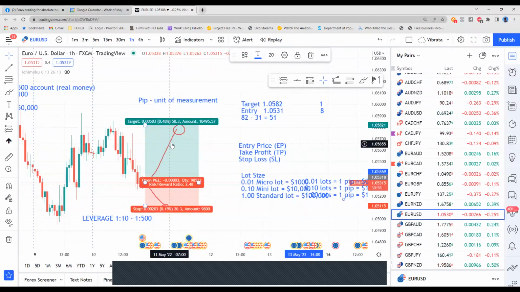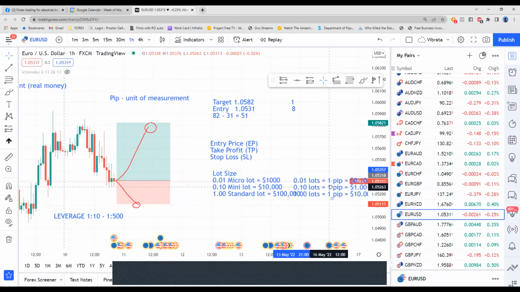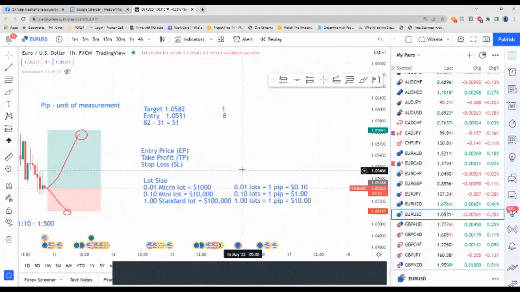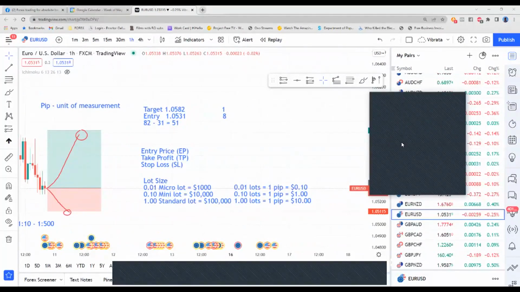So if we had to take this trade together, 50 pips, with a lot size of 0.01, how much money would we make in dollars? I'm waiting to see some answers in the chat just to make sure you're following. So imagine we took this trade at 0.01 lots. How much money can we make? $5 is the correct answer.